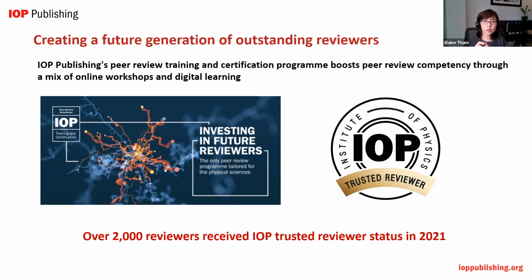The course covers the challenges and responsibilities of peer review, as well as publication ethics. Over 8,000 reviewers so far have been awarded the IOP Trusted Reviewer status, which demonstrates exceptional peer review competency.